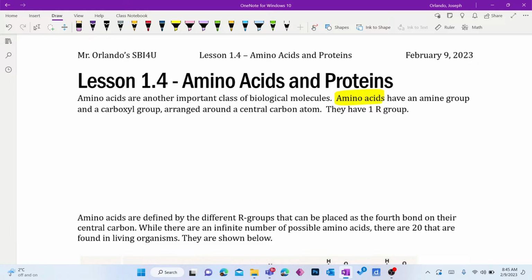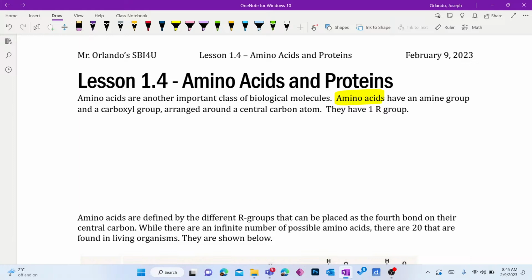So let's break the name down and go back to our functional groups. Amino acid. Remind me, we just looked at it in the case of chitin, which had these N groups in it. And we said that the amine group confers what property? Basic. Makes it basic. And yet, this is an amino acid?